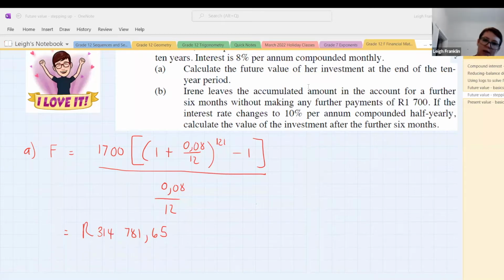Because she is stopping her regular payments, her monthly installments of 1,700 Rand, what does that mean for us in terms of formulae?